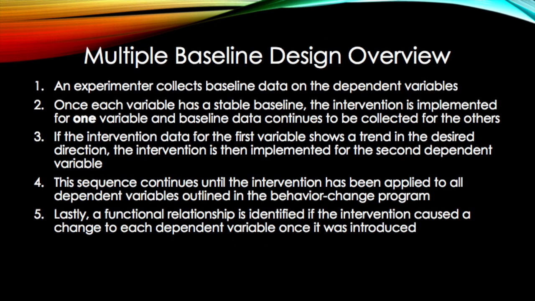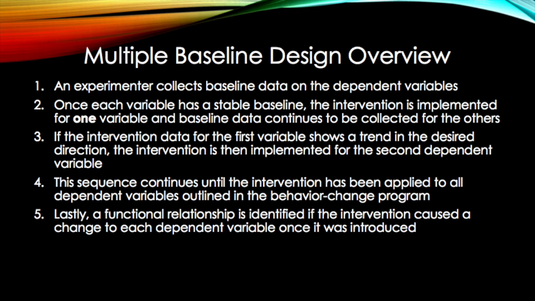To create a multiple baseline design, an experimenter must first collect baseline data on all dependent variables. Once each variable has a relatively stable baseline, the intervention is implemented for one variable and the baseline data continues to be collected for the others.